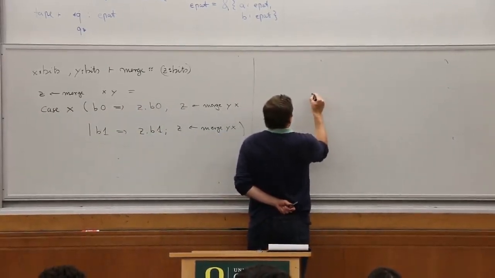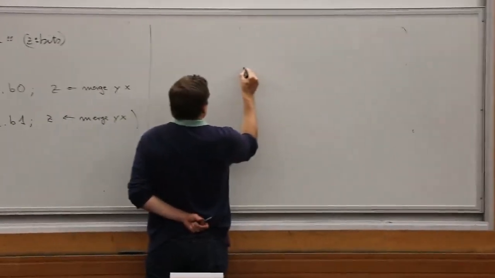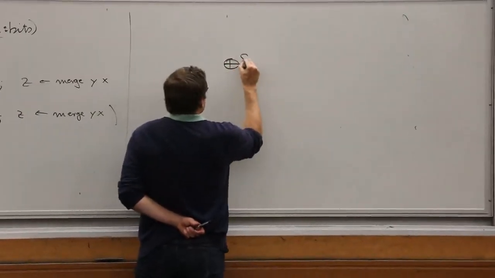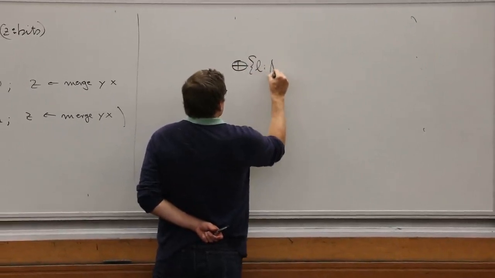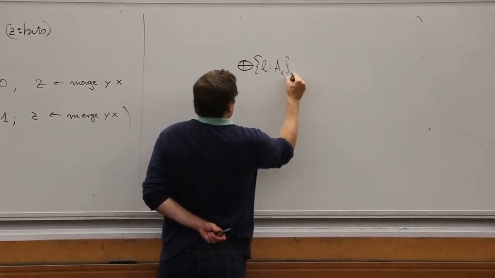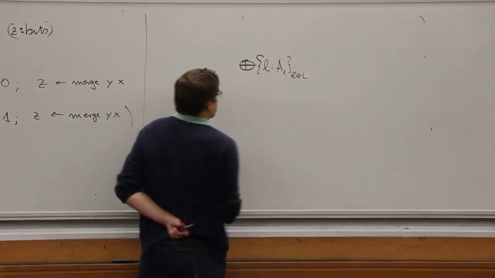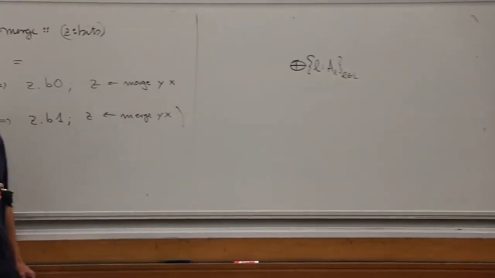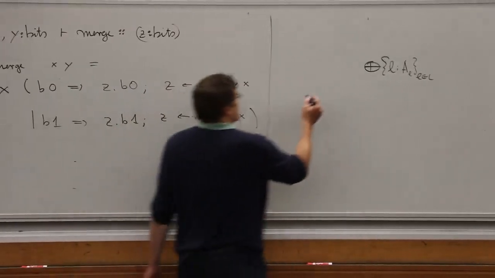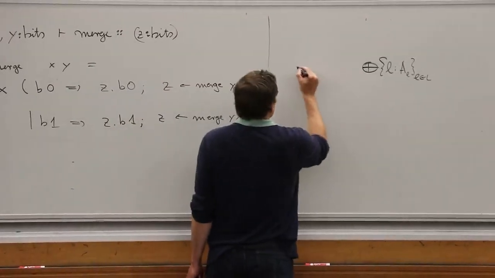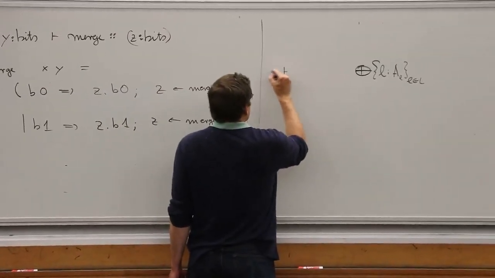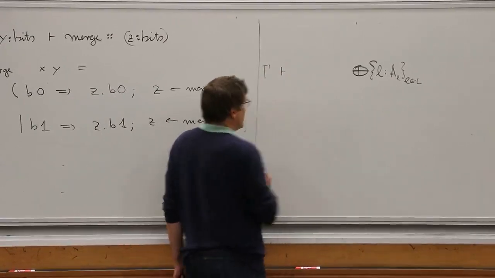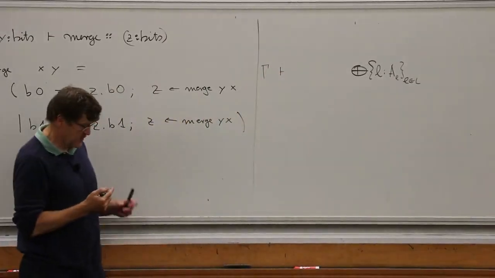So we have plus of L : A sub L, where L is drawn from some index set, okay? And on the left-hand side, previously we had a single thing. But now on the left-hand side, we have a whole context gamma.